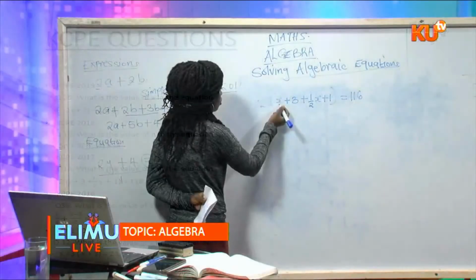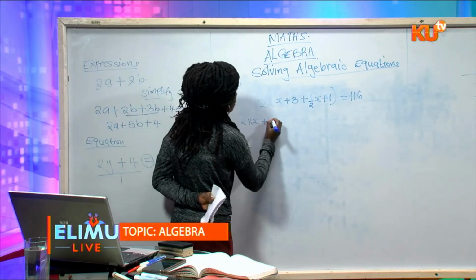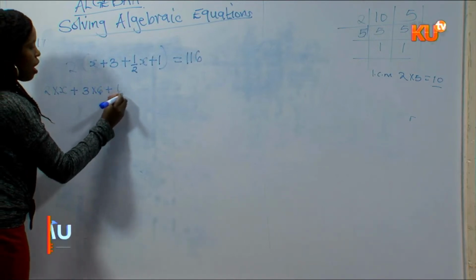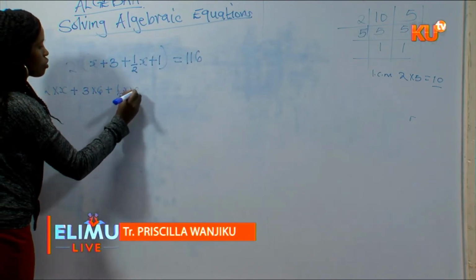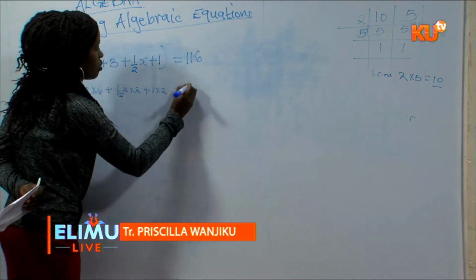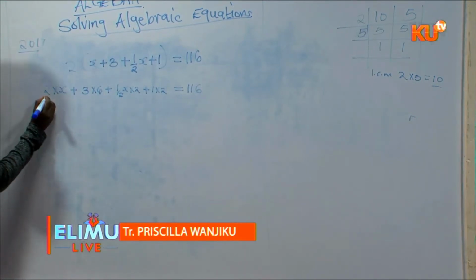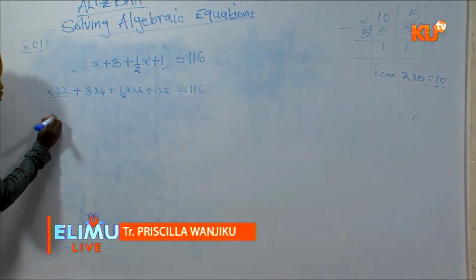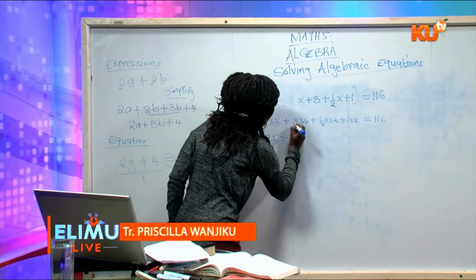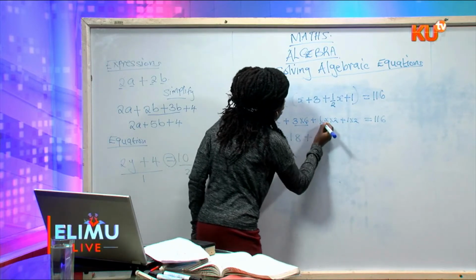So we are going to have 2 times x, 2 times x plus 3 times 6 plus a half x times 2 plus 1 times 2 is equal to 116. 2 times x, we get 2x plus 3 times 6, we get 18 plus half x times 2.